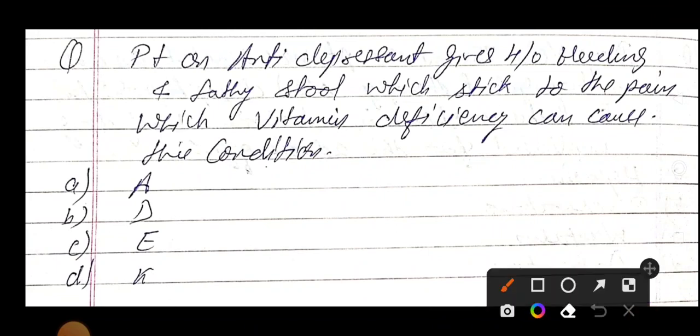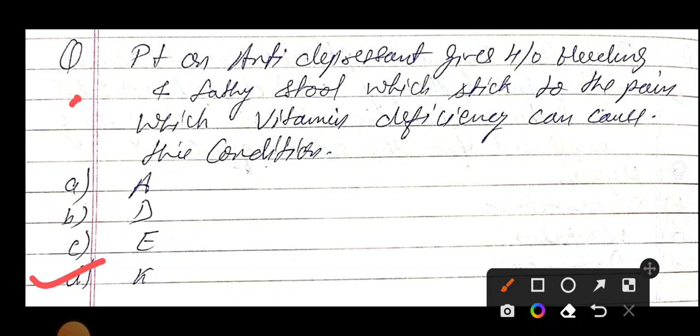Now, a patient on an antidepressant gives a history of bleeding and fatty stool which sticks to the pan. Which vitamin deficiency can cause this condition? The deficiency of what causes bleeding? You all know, vitamin K. Why vitamin K? Because vitamin K dependent factors include clotting factors and anti-clotting factors.